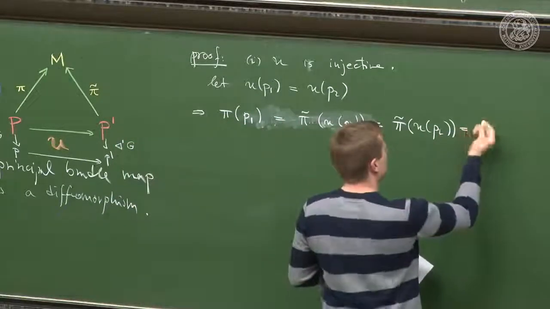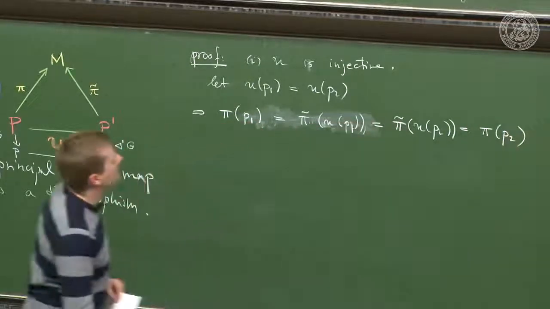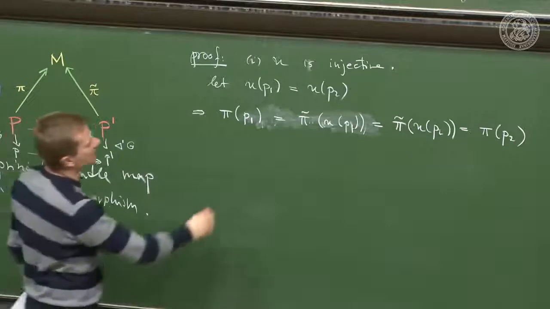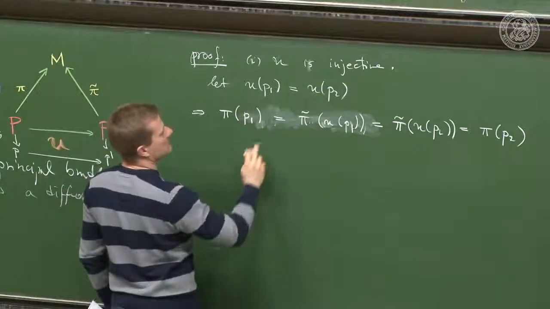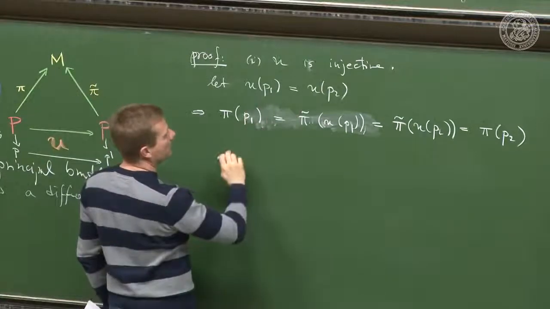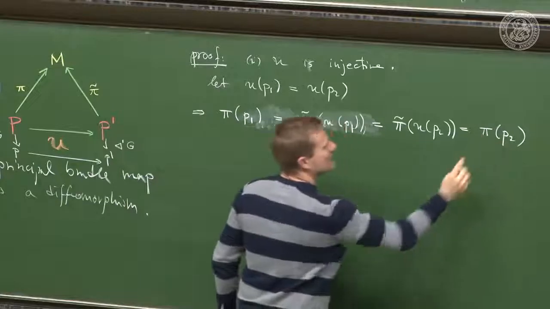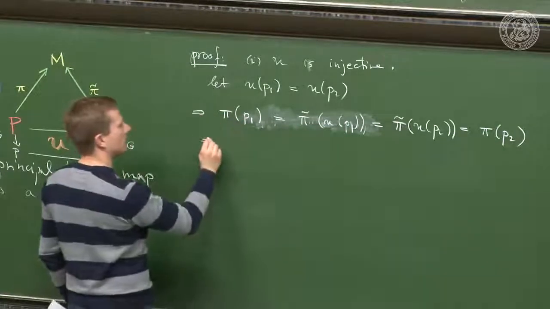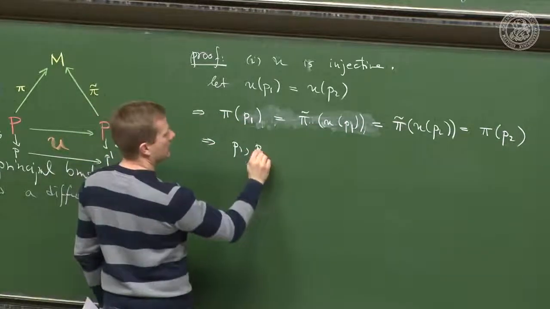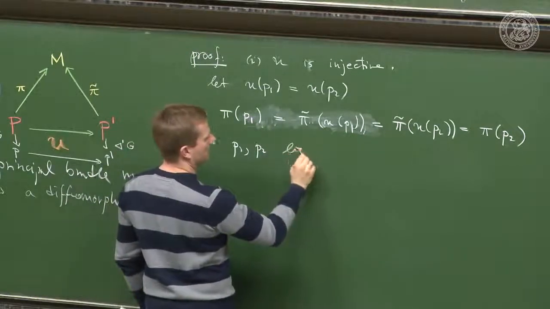But that, of course, again, is the pi of P2. So what have we learned? We have learned that if I assume that the images are the same, then P1 and P2 lie in the same fiber.